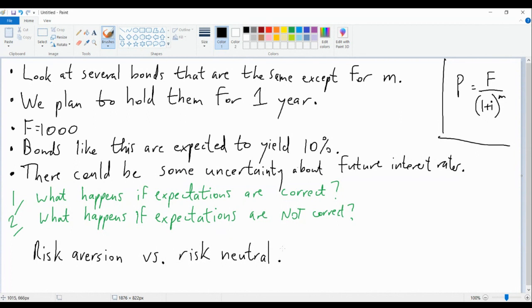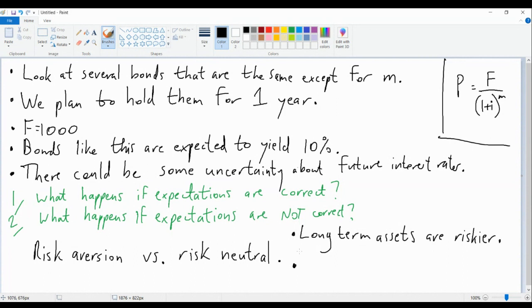So what we just saw is that long-term assets, so assets with high M, ultimately are riskier, because any change in the information in the world makes their prices fluctuate more.